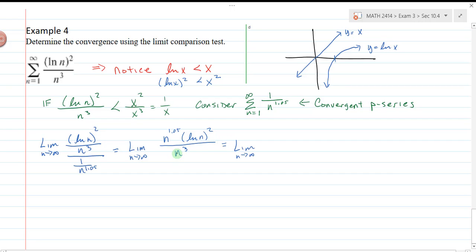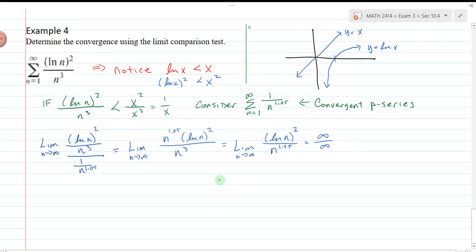Here, when we're dividing with a common base, we can subtract the exponents, and that's going to leave us the limit as n approaches infinity of the natural log of n squared over n raised to the 3 minus 1.05, which is 1.95.